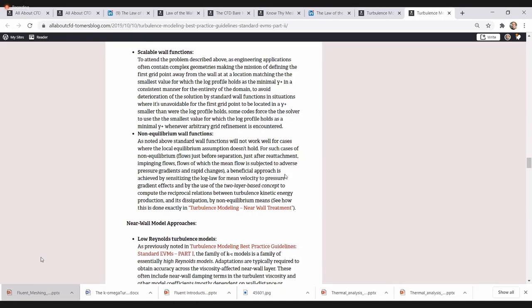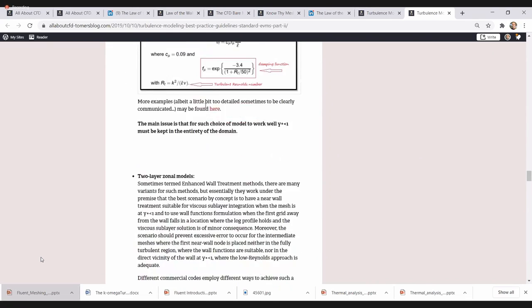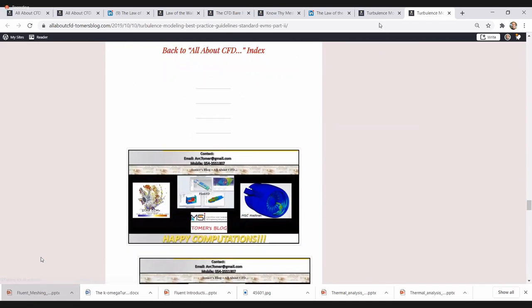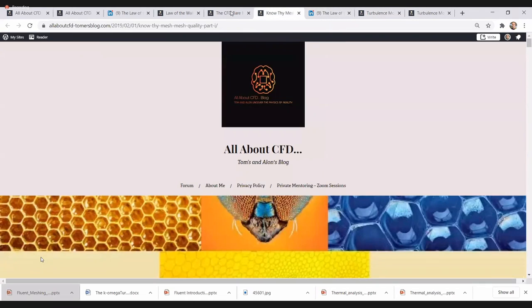Non-equilibrium wall functions are for cases where we have jets or impingement. Low Reynolds models are problematic.